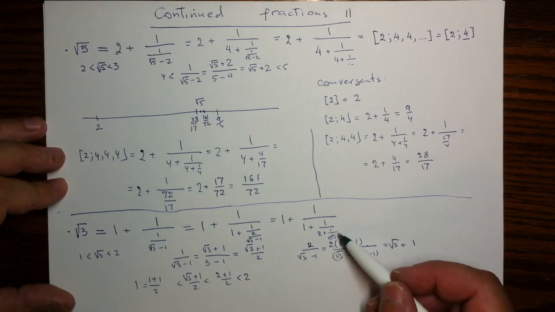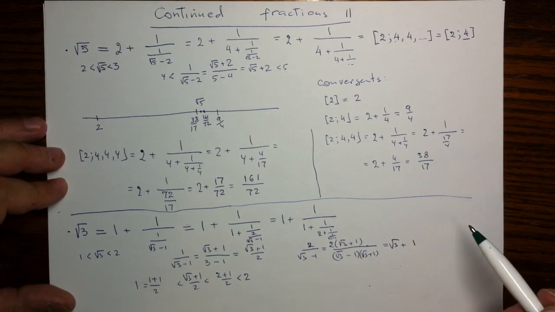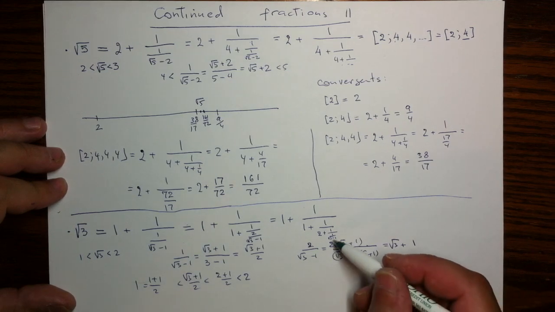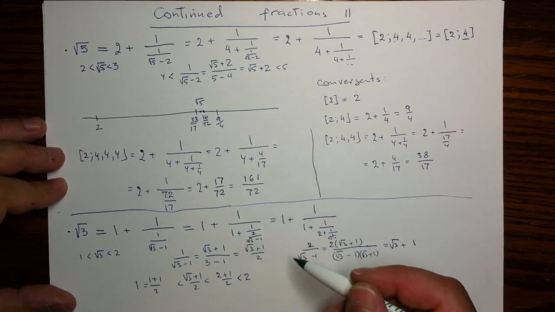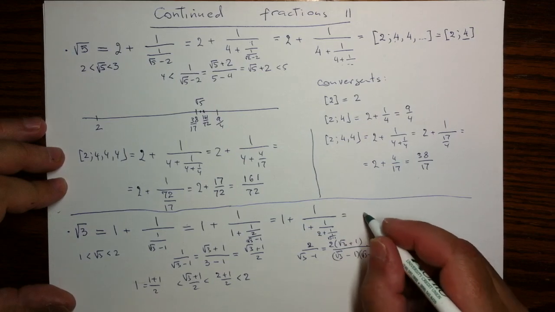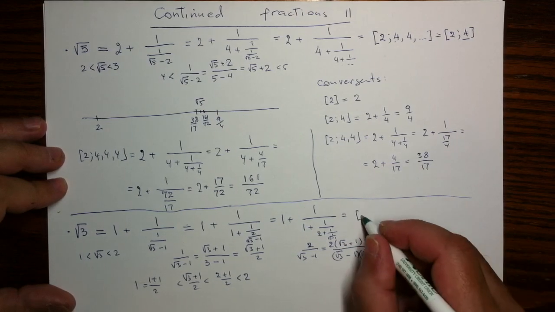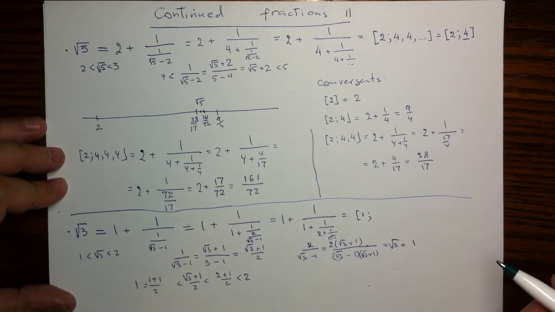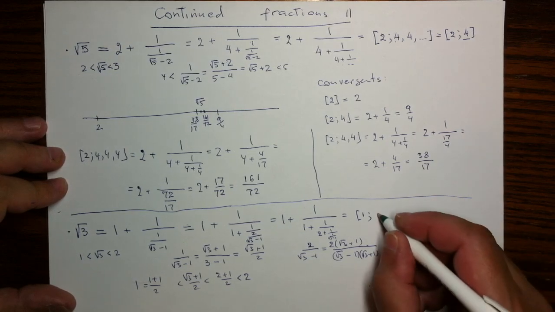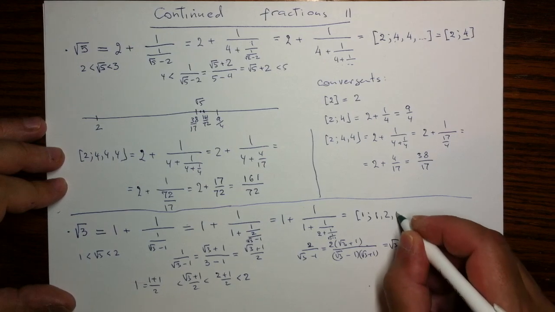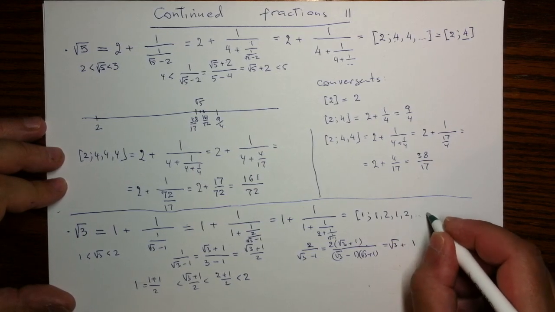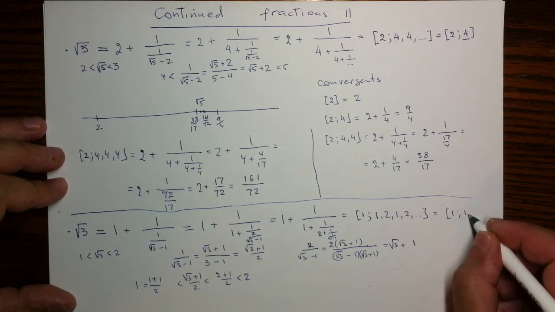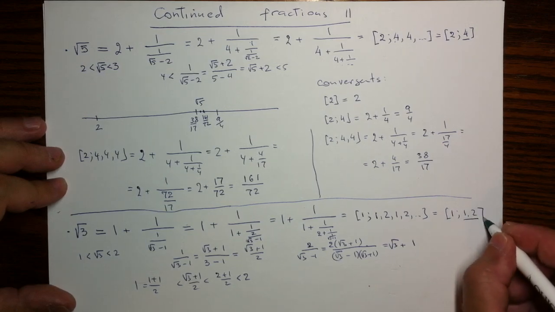So that is already computed, and the fractional parts go like 1 and then 2, 1 and then 2. So writing the result as an infinite but repeating continued fraction, I'll have 1 and 2, 1 and 2, and so on. So this time the period is 1 and 2. The abbreviated form will be there.